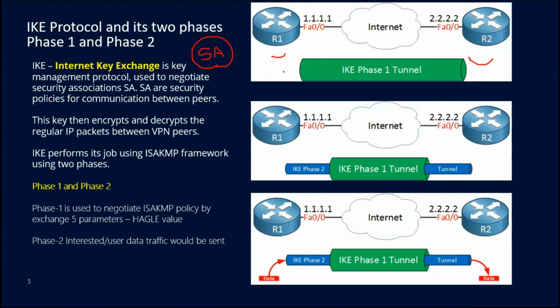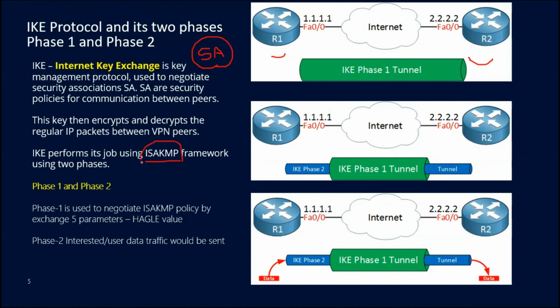Okay. So the key which is generated at this end then encrypts and decrypts the regular IP packets between your two peers. Okay, so basically it is based on the ISAKMP framework. ISAKMP is Internet Security Association Key Management Protocol.